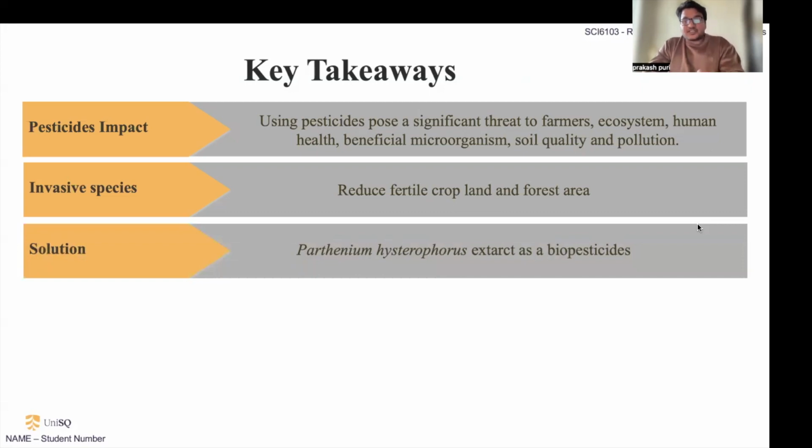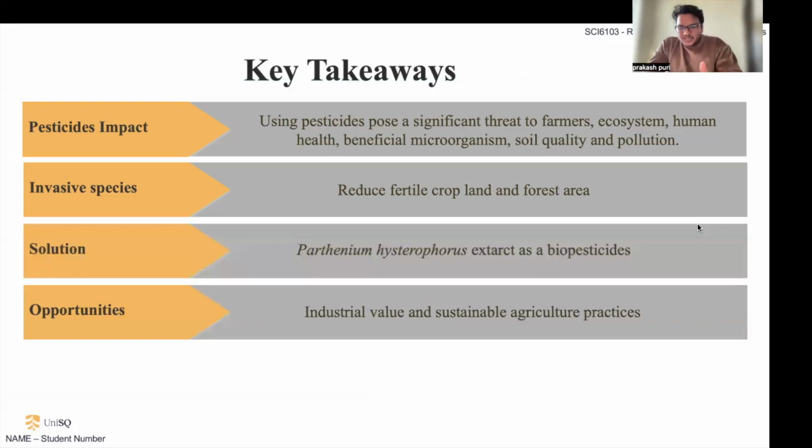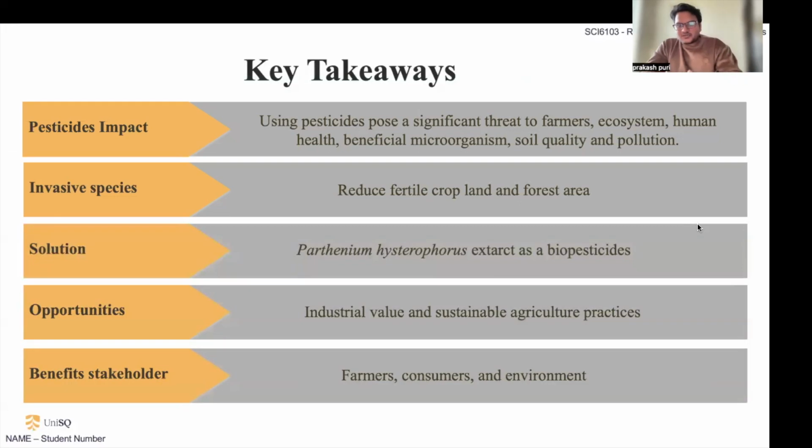The opportunities are that it has high industrial value and supports sustainable agricultural practices. The beneficiary stakeholders are the farmers and the consumers, who can consume fresh organic eggplants, and the environment will be safe.